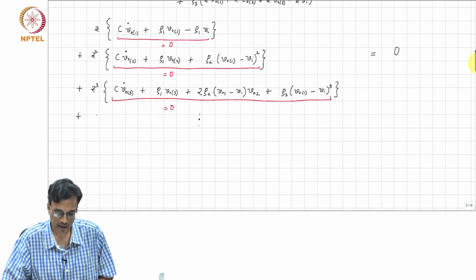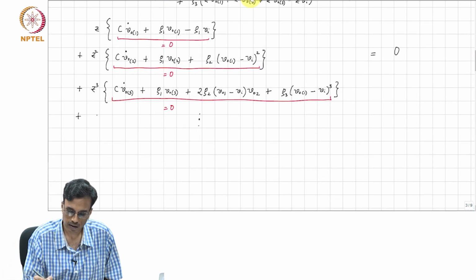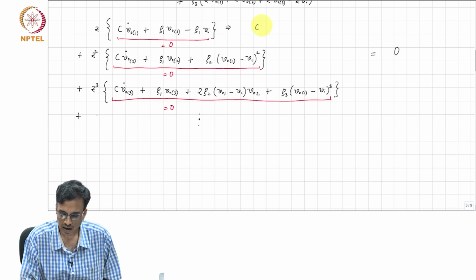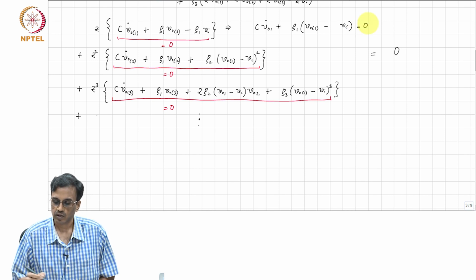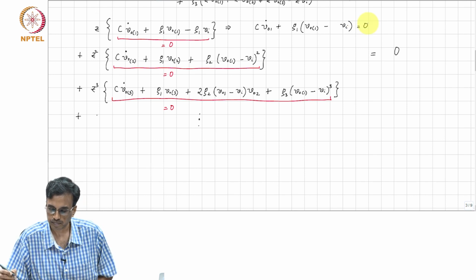So, now let us see what that means. What this means is that C times V01 dot plus G1 times V01 minus G1 Vi is equal to 0. So, what does this mean?